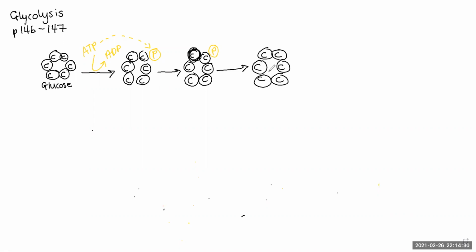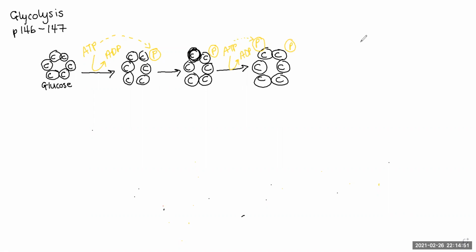So we go from a 6-carbon molecule with 1 phosphate to a 6-carbon molecule with 2. And just like in our previous step, where the source of this phosphate was an ATP, we have another hydrolysis of ATP, which is going to be the source of this second phosphate.